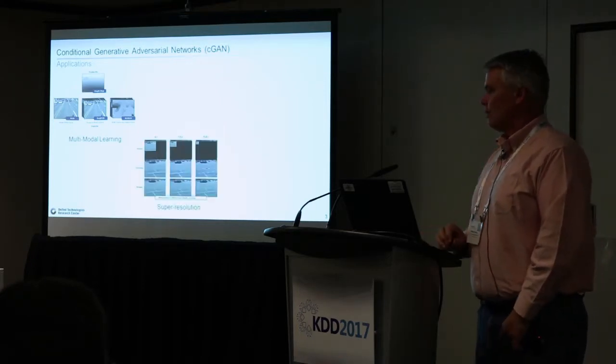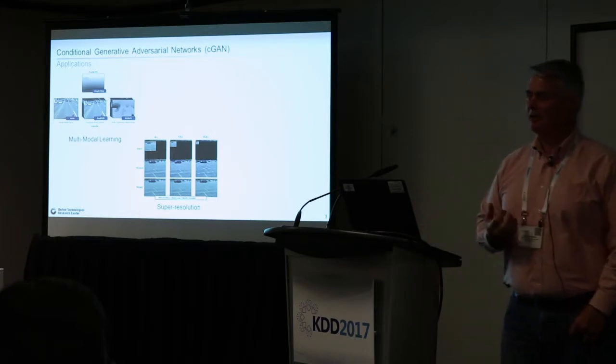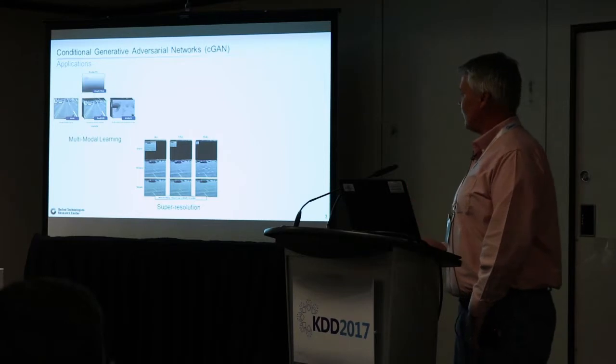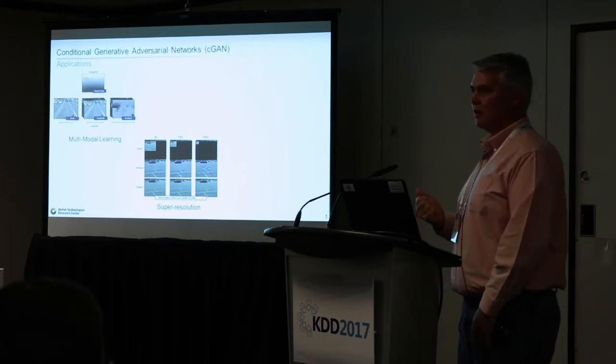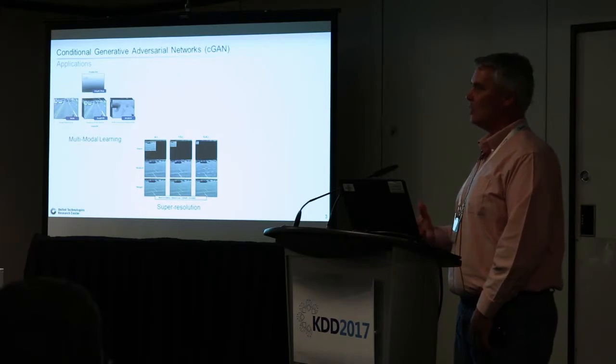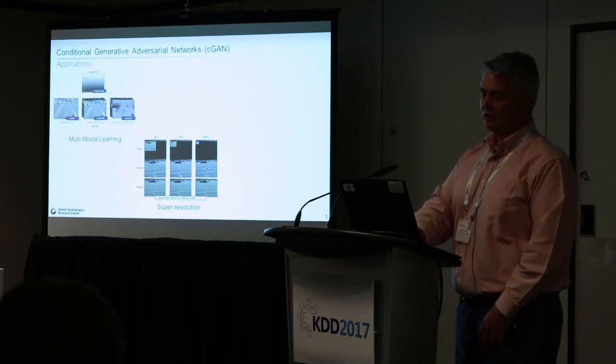We have super resolution, which was an obvious extension of the method. If you think of it, super resolution is, in this context, really just an image denoising method, right? And you'll see why in a minute.